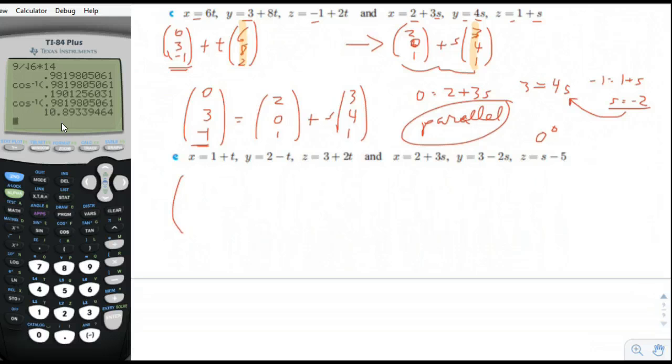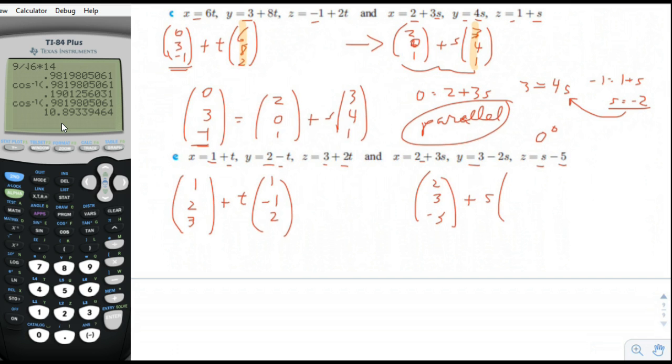So we're going to write them out again as parametric equations. So we're going to have 1, 2, 3, and we're going to add the direction, which is (1, -1, 2) for that one. And for this one, it's (2, 3, -5) plus s times the direction (3, -2, 1).